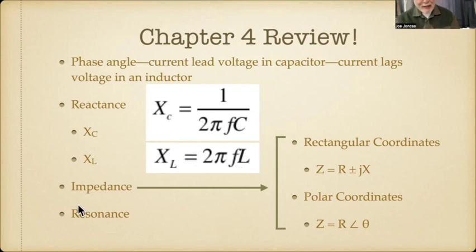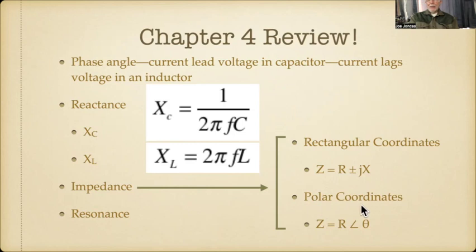And then we had impedance, which now remember the rectangular and polar coordinates. The scale was a cross with R, which was the real one on the horizontal, and then the imaginary, which was vertical. And so you got plus and minus J, plus being inductive and minus J being capacitive reactance.